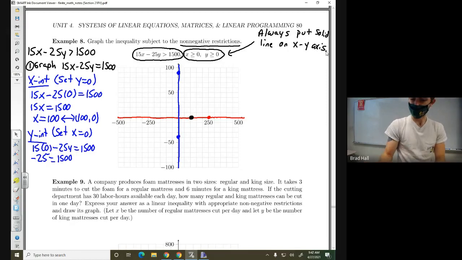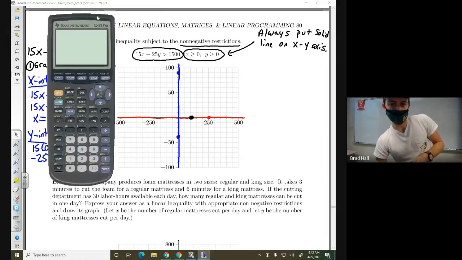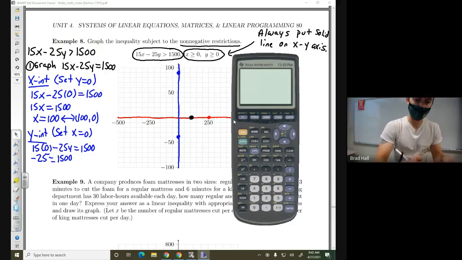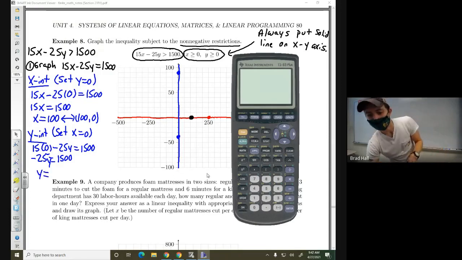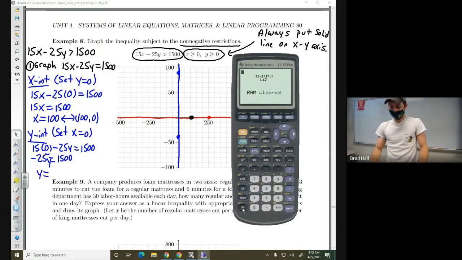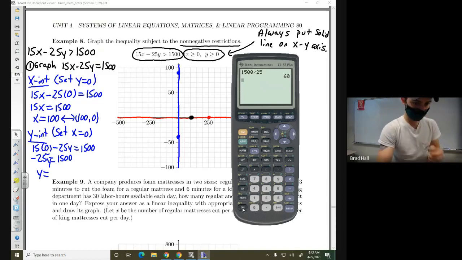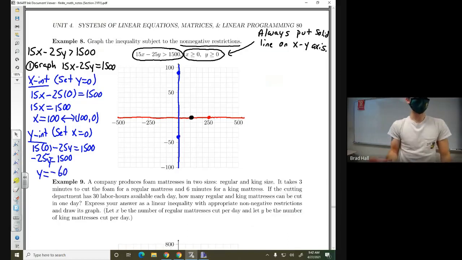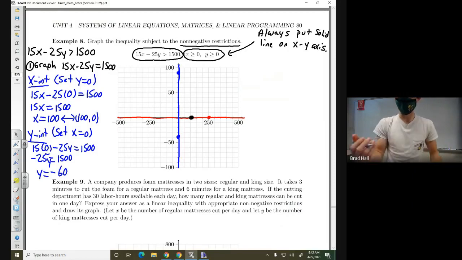We get -60, which gives us another point that we can plot.